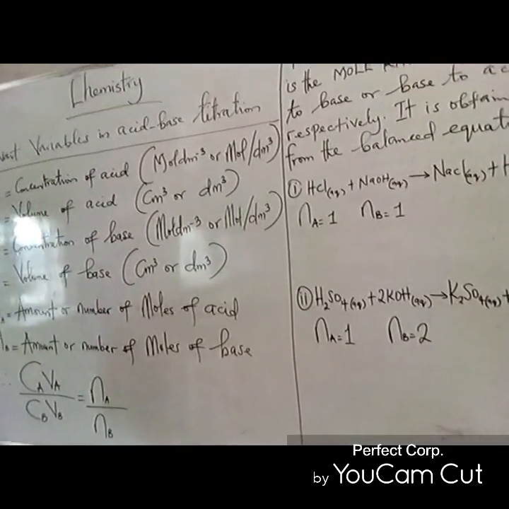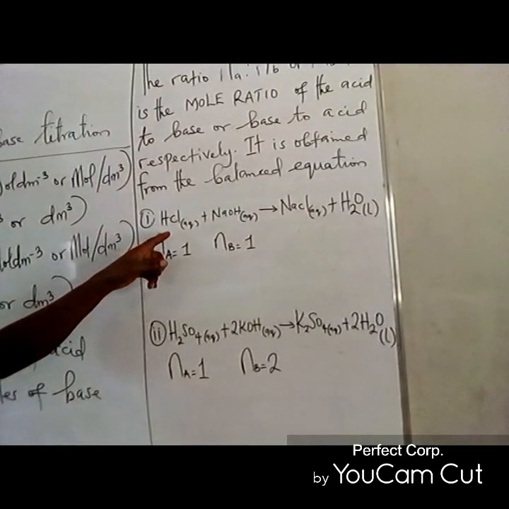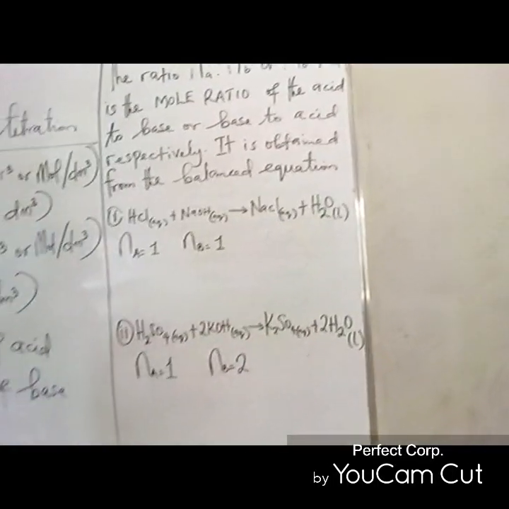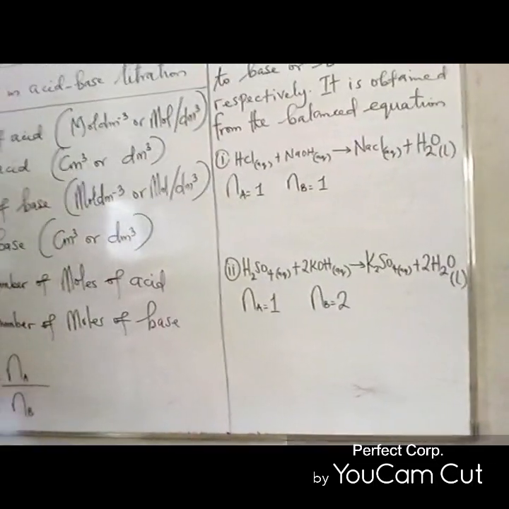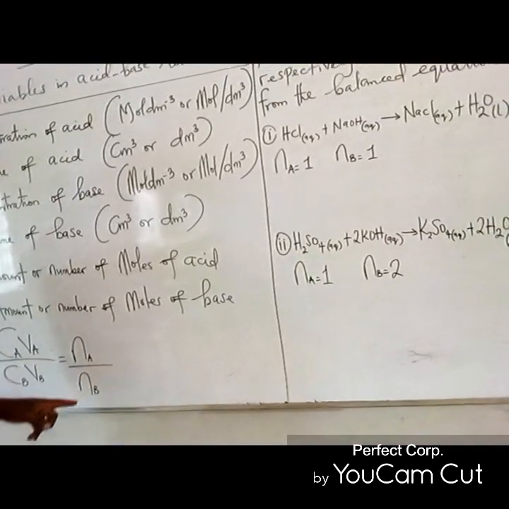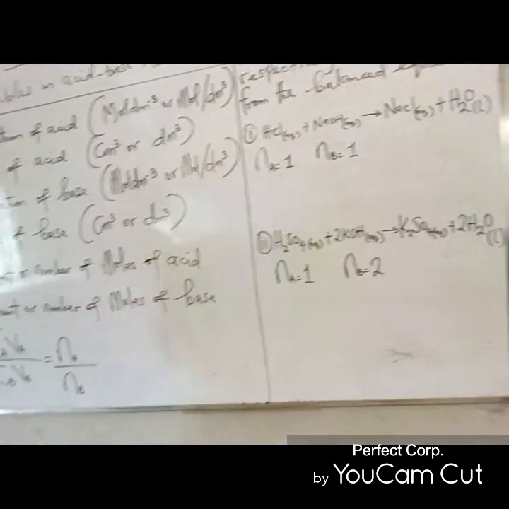Equally, if in the question they didn't stipulate an equation, you are not seeing any equation there, also have it in mind that you are not going to make use of this formula CAVA all over CBVB equal to NA over NB. So I believe that is clear.